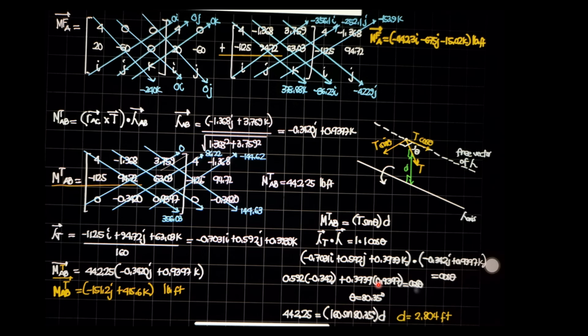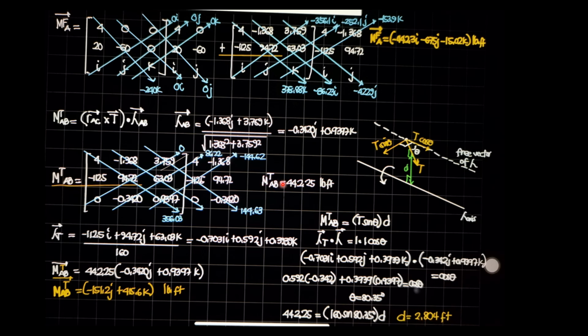Then computing the inverse cosine, you'll get 80.35 degrees. Then substitute here 442.25 equals the magnitude of the tensile force 160 pounds times sine of 80.35 degrees times d. We can now compute d in feet, which is 2.804 feet.